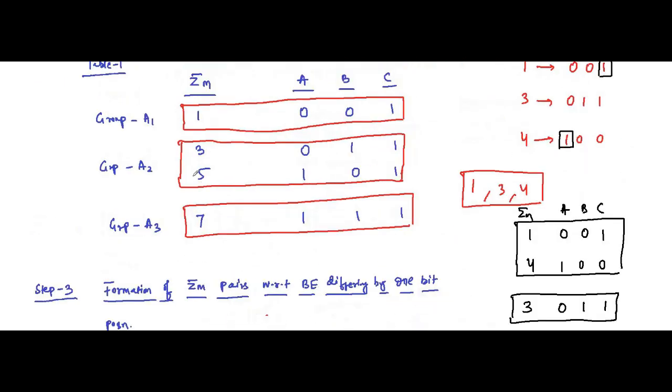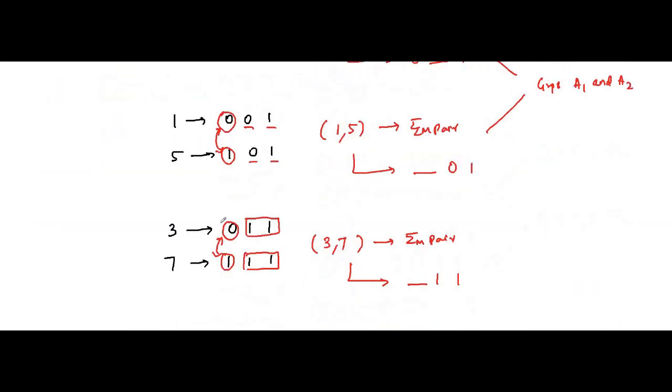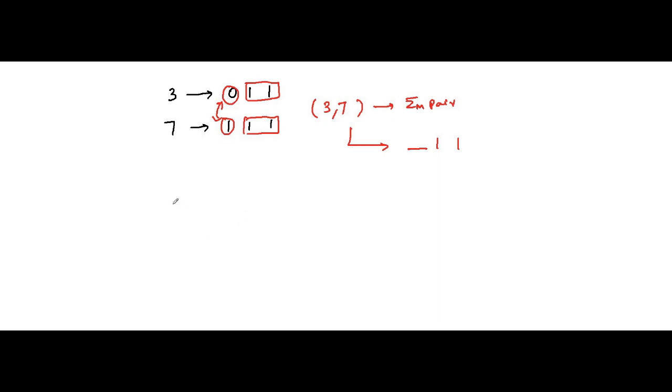Similarly, we will compare minterm 5 of group A2 and minterm 7 of group A3. 5 is 1, 0, 1, 7 is 1, 1, 1. So here also the MSB and the LSB bits are the same, they are differing in the middle bit, differing in 1 bit position.